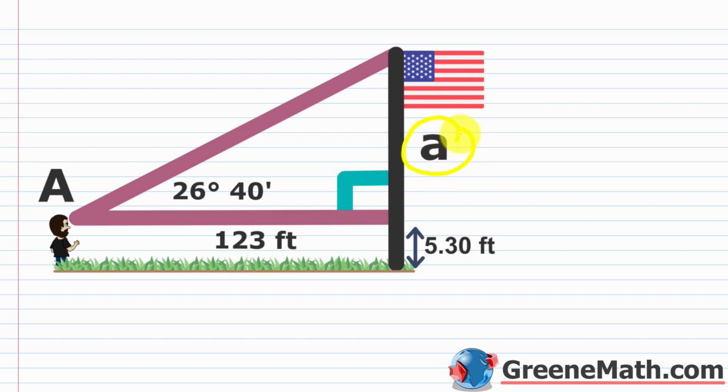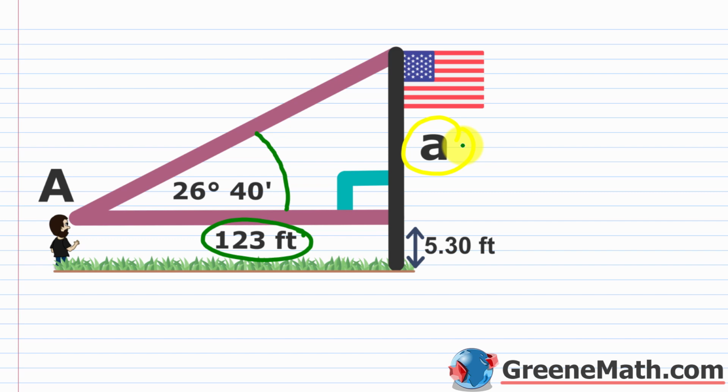So how can I find this unknown side A? Well, I'm given this angle measure here, which is 26 degrees 40 minutes. I have this side right here, which is the adjacent side, and I want to find this part right here, which is the opposite side. What trigonometric ratio gives me opposite over adjacent?